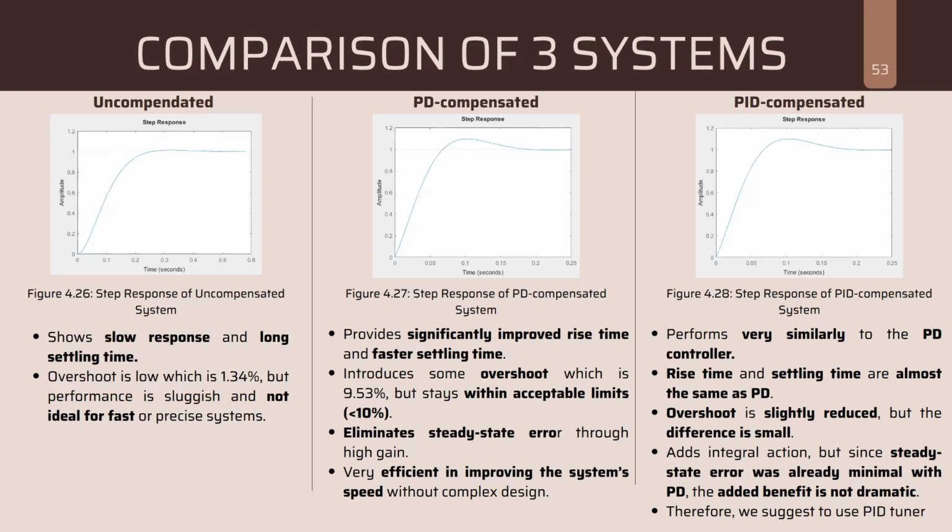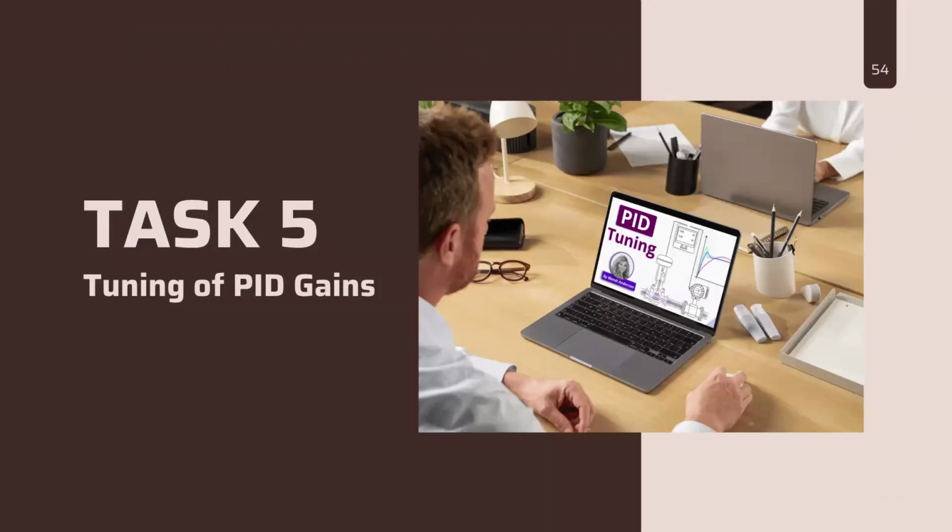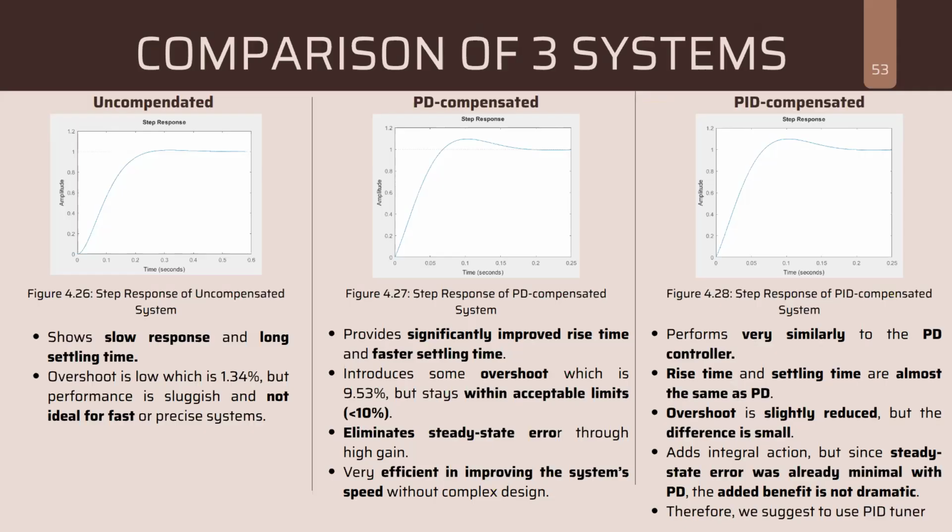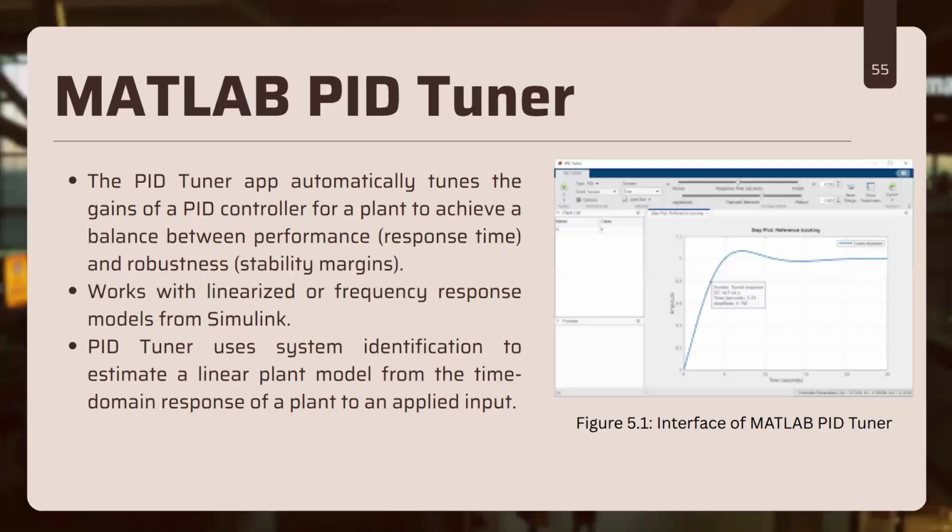So next, I pass to Malik. Okay, as Said mentioned before, there wasn't a very significant difference between the PD and PID controllers, so we decided to go through a tuning of the PID controller. This is a brief introduction about the MATLAB tuner.